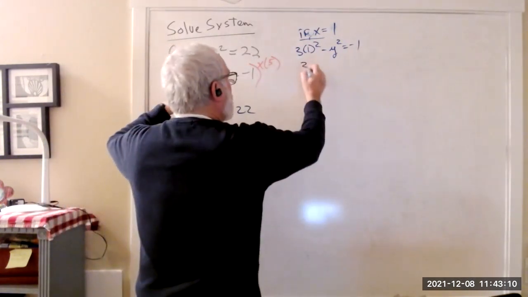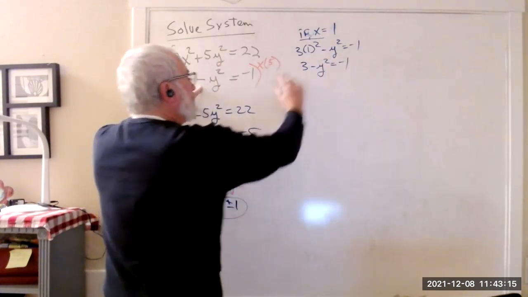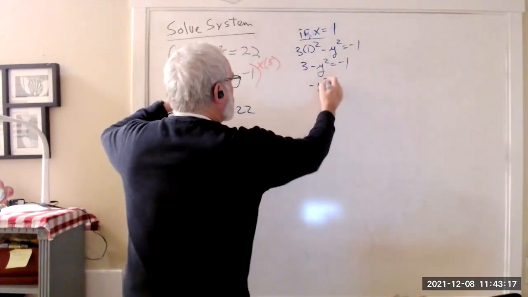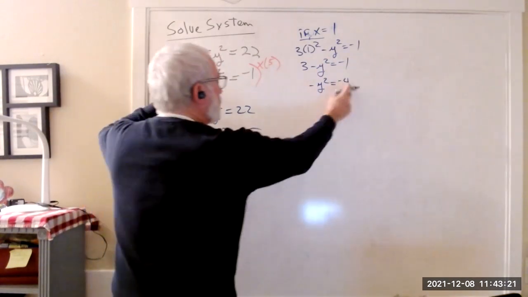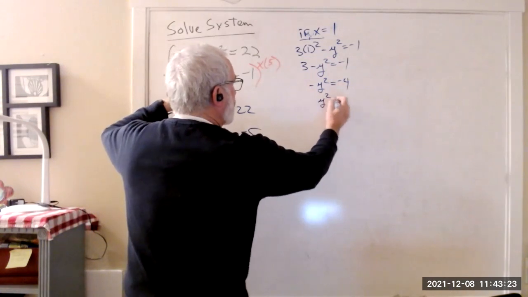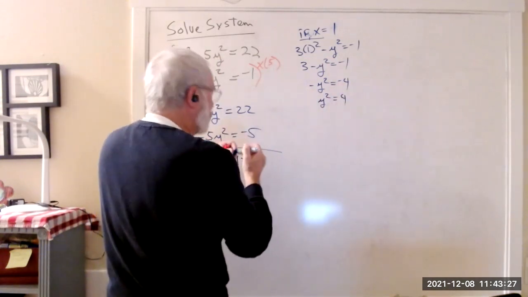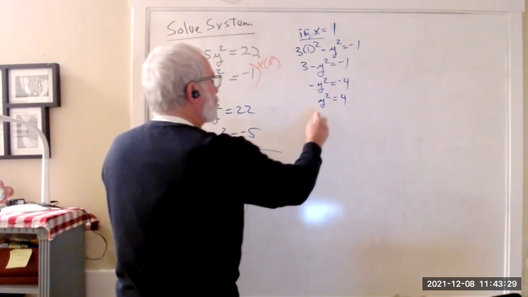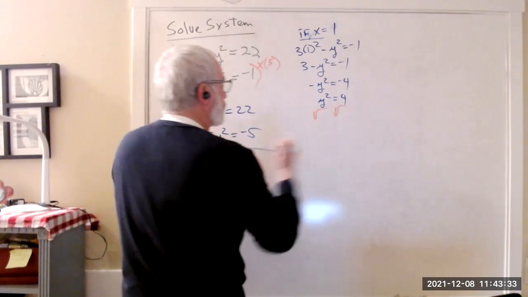Well, that's 3 minus y squared equals -1. Take 3, so I get -y squared equals -4. Divide by -1, y squared equals 4. Square root both sides. Too much talking. And I get y is plus or minus 2.